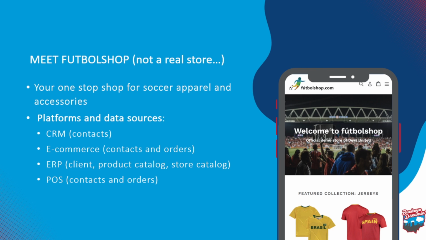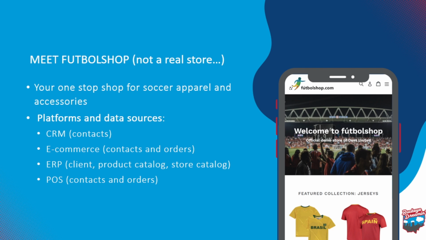And Football Shop basically has these data sources: CRM, so we have contact data in CRM. We have e-commerce; we're using Shopify, so we have contact data there and we have orders. We're using an ERP system, so we have client data as well, the product catalog and the store catalog.